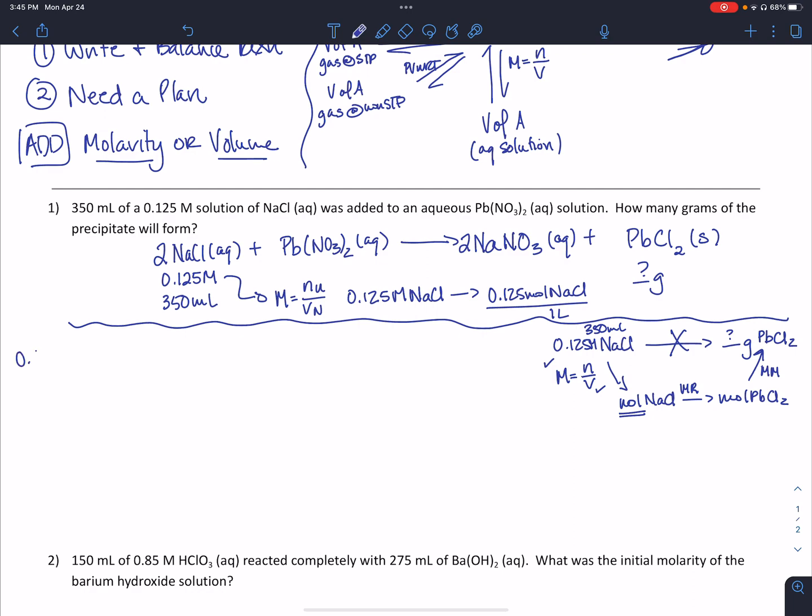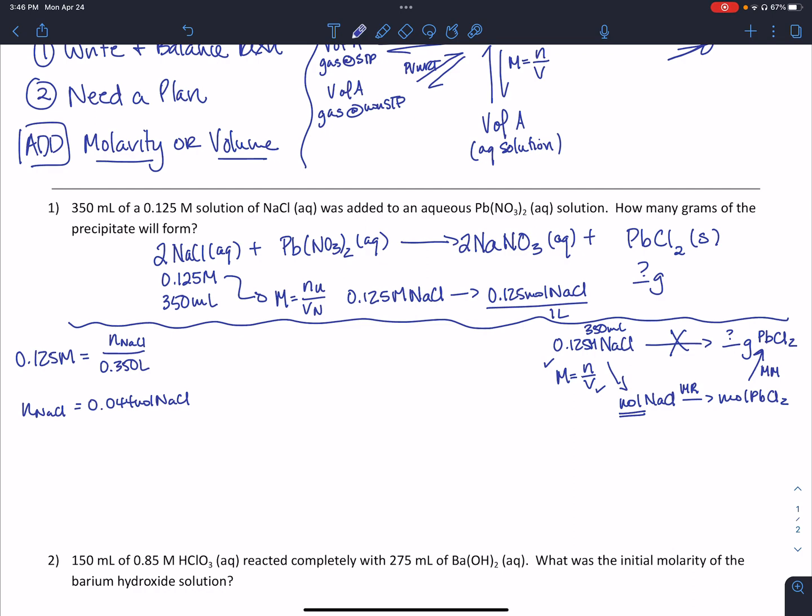I have 0.125 molar NaCl, moles of NaCl over 350 milliliters, but remember it's per liter of solution, so 0.350 liters. If I finish my calculation, I'm going to have 0.044 moles of NaCl.